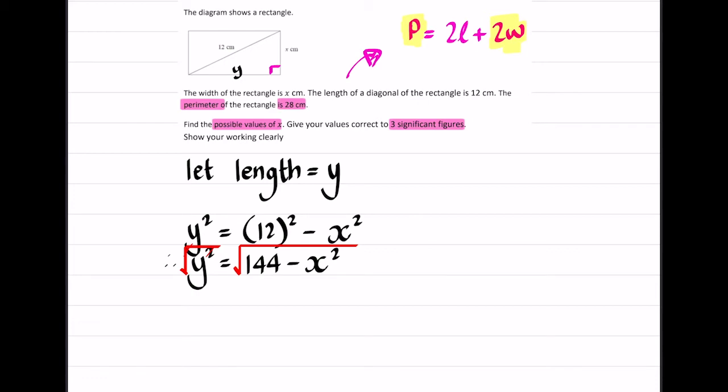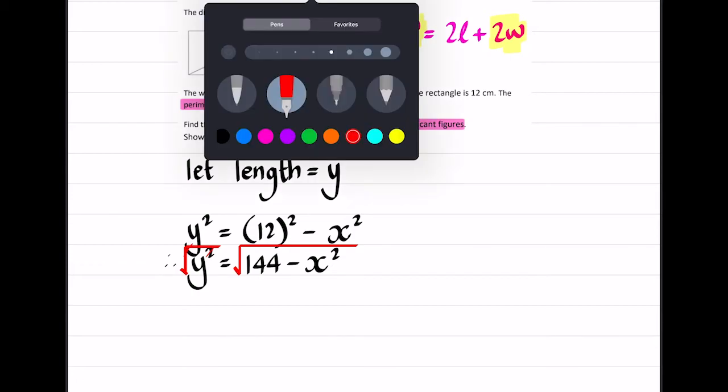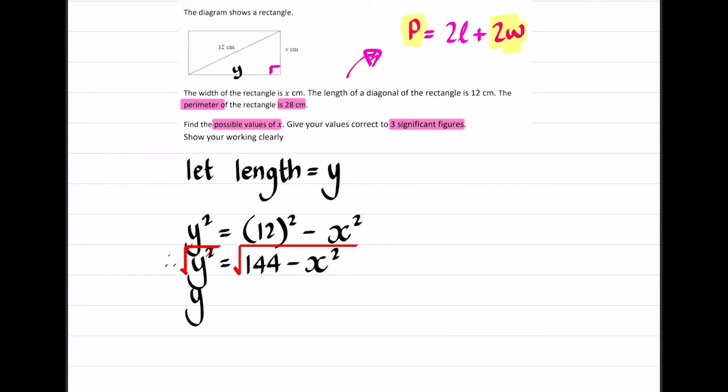You can't square root each term individually, so we have to keep it as a square root. But now I have y in terms of x. So y is equal to the square root of 144 minus x squared. Now that we have y in terms of x, we can work with the perimeter.